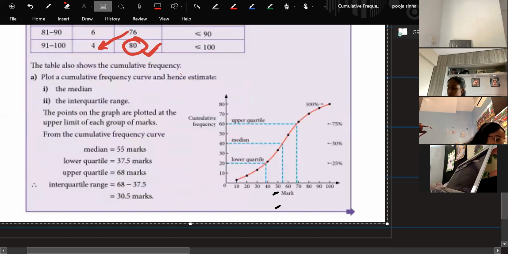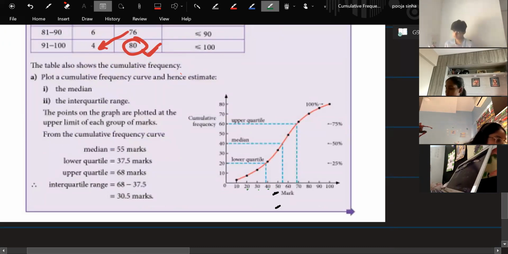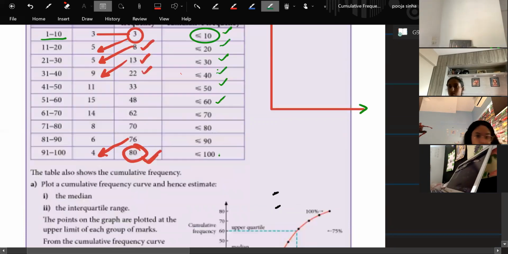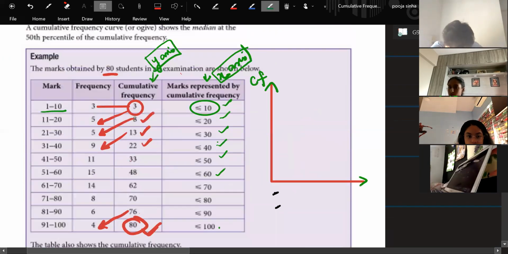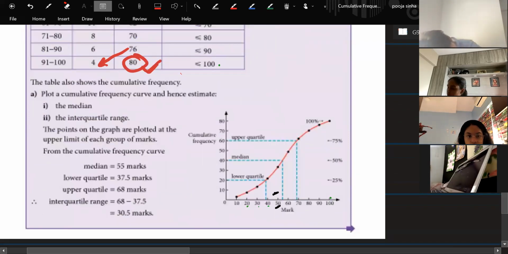Now let's put the values. Kahan tak hai marks? Less than 100 tak na? So you will go less than 100 on the X-axis. And on the Y-axis, you have to plot all the cumulative frequencies, so 3 to 80. Let's take a particular scale in the mind. We have taken 10, 20, 30, 40, so scale is of 10. You put all of the cumulative frequencies here and plot the points.